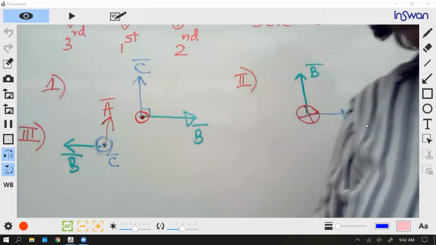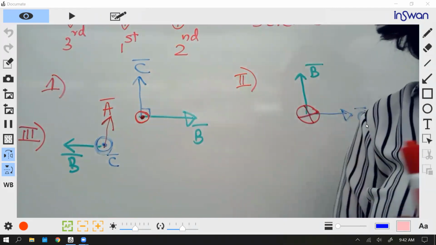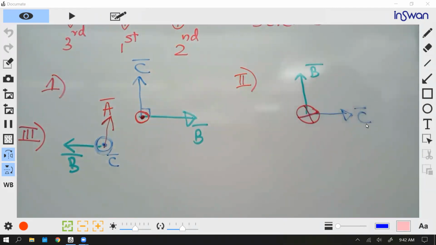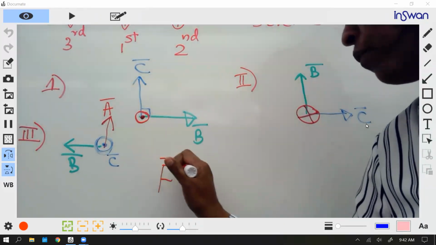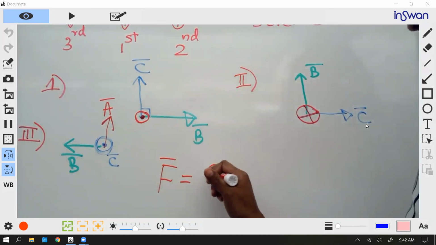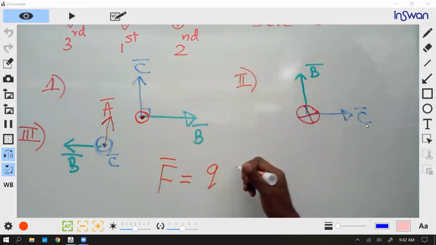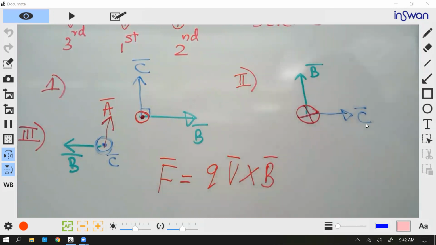So that will be the vector A direction. This is how we use the right hand rule to find the direction if you have a cross multiplication of two vectors. For example, when you go to the magnetism part, we're going to find the magnetic force direction, which is equal to charge Q and velocity V cross product with B vector. In this case, we definitely need to use the screwdriver rule.